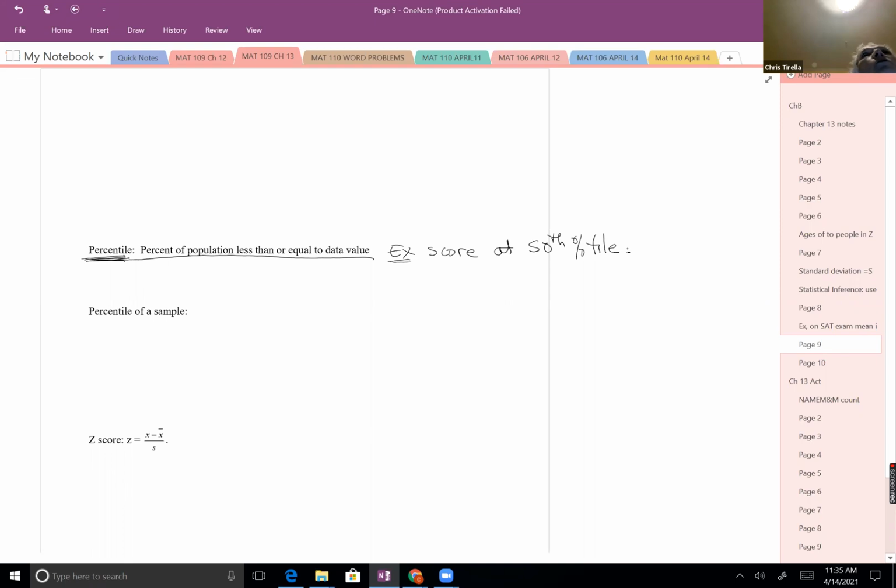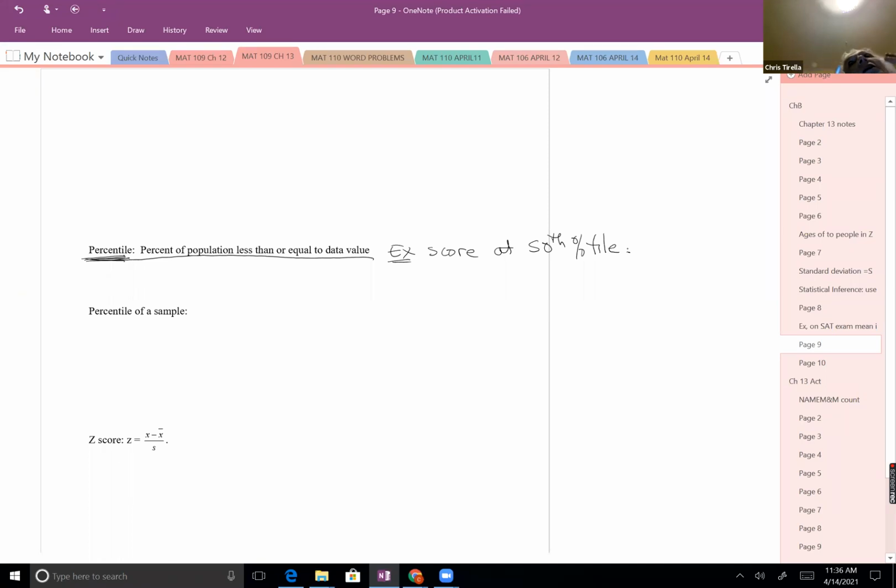And to say that they were at the 25th percentile for height meant that they were taller than 25% of the kids their age, which, on the other side of things, meant they were shorter than 75% of the kids their age.